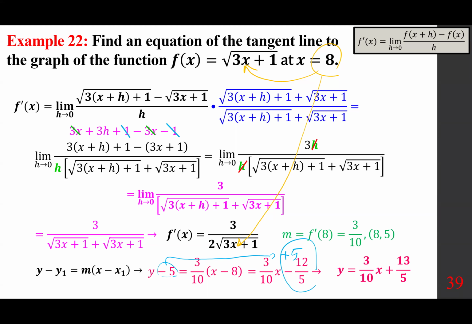So we get this one. And just, you can plug in 8, it should work because this pair belongs to the original function. This also belongs to this one, and it does. 3 times 8 is 24 over 10, or 12 over 5, which with 13 over 5 becomes 25 over 5 or 5.